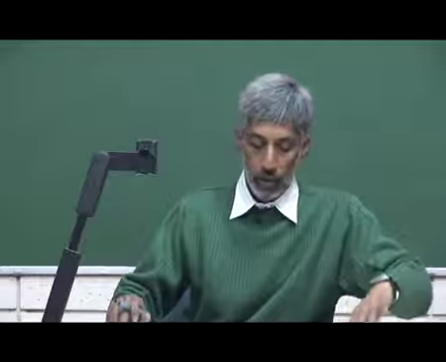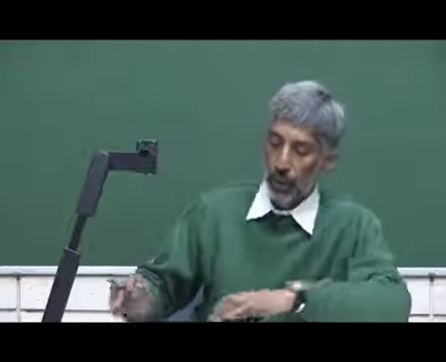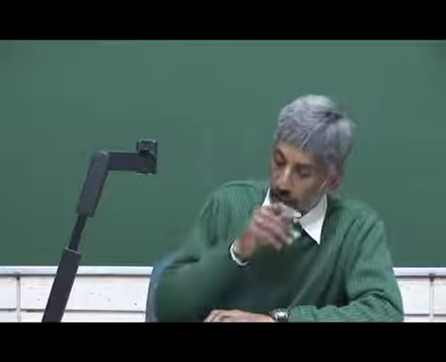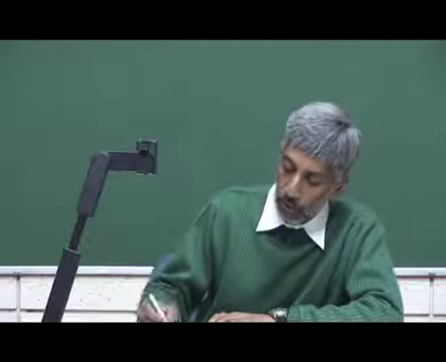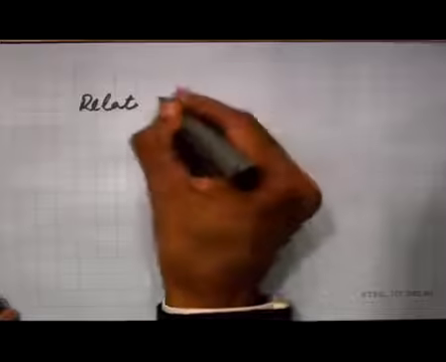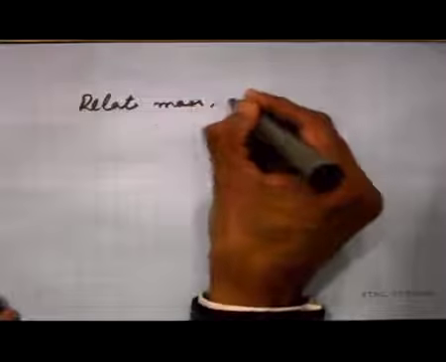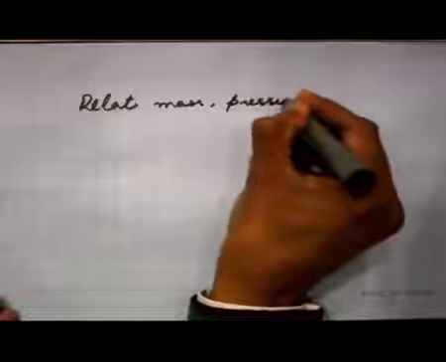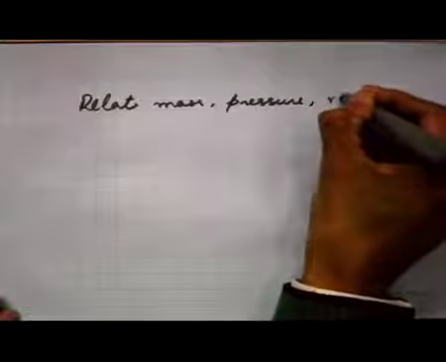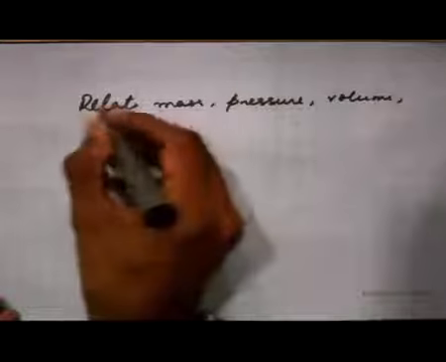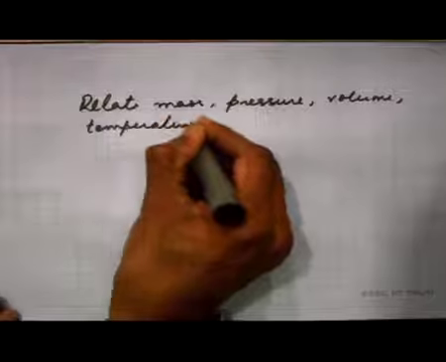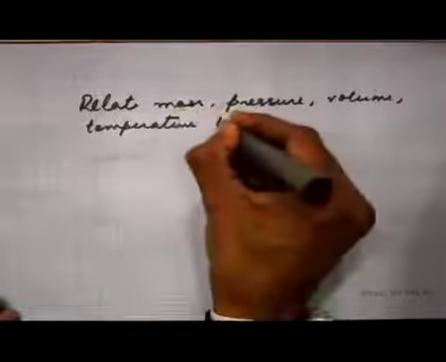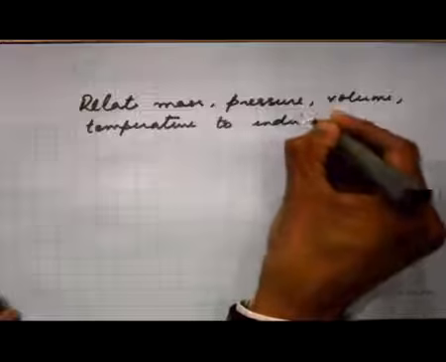So, before we go and introduce the ideal gas equation, let us try and see what it is that we are trying to achieve. What we are trying to achieve is to relate mass, pressure, volume and temperature to individual molecules in a gas.